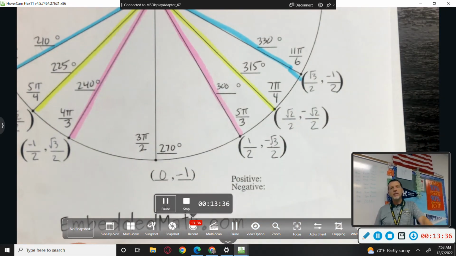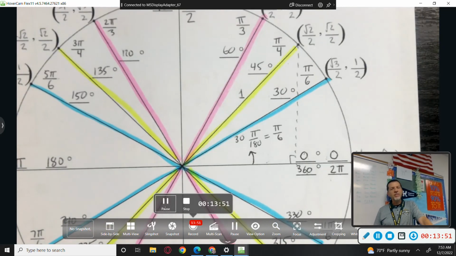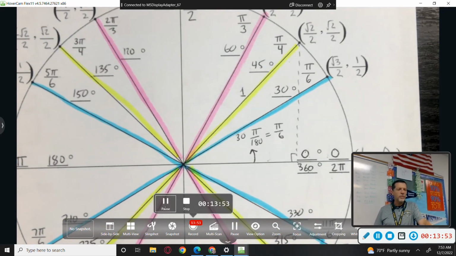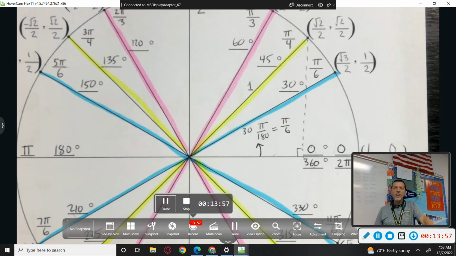And then it's just a matter of, are you positive or negative? But that's pretty easy based on the quadrant. Okay, so we filled it all in, but there's a ton of symmetry. So it's not about how many blanks there are. It's understanding the unit circle.